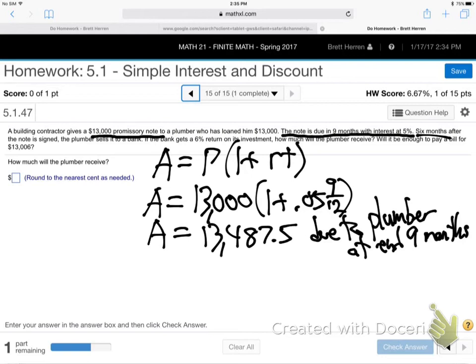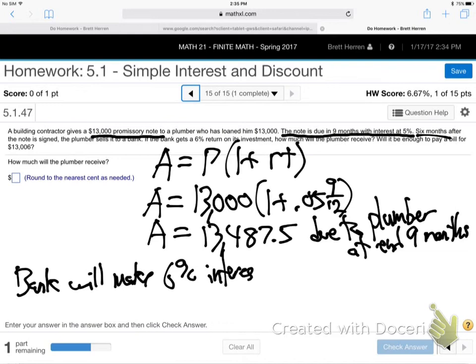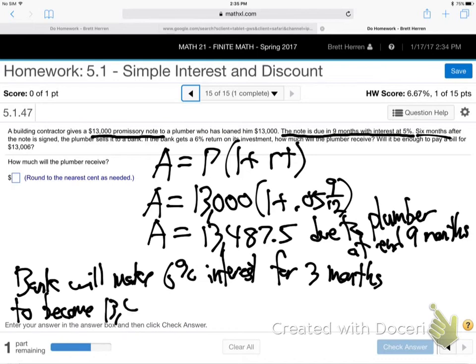So the bank will make 6% interest for 3 months, from 6 months to 9 months, to become $13,487.5. That's the amount they're going to get paid by the contractor. So that's the new A. Is this making any sense?